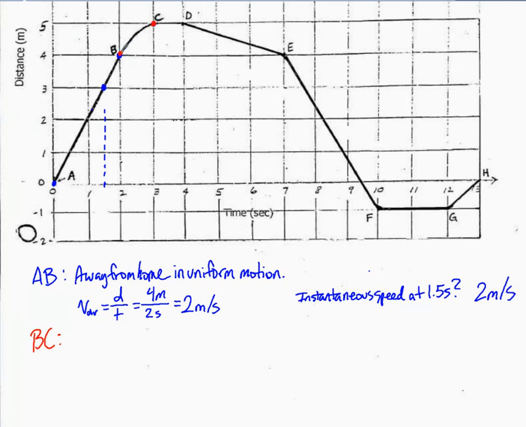If you look at the slope, we have a pretty big slope. Then the slope is smaller, smaller, and it continues to decrease. If you look back at page 7, this looks a lot like graph F. So what I'm going to say for section BC is that we are slowing down.